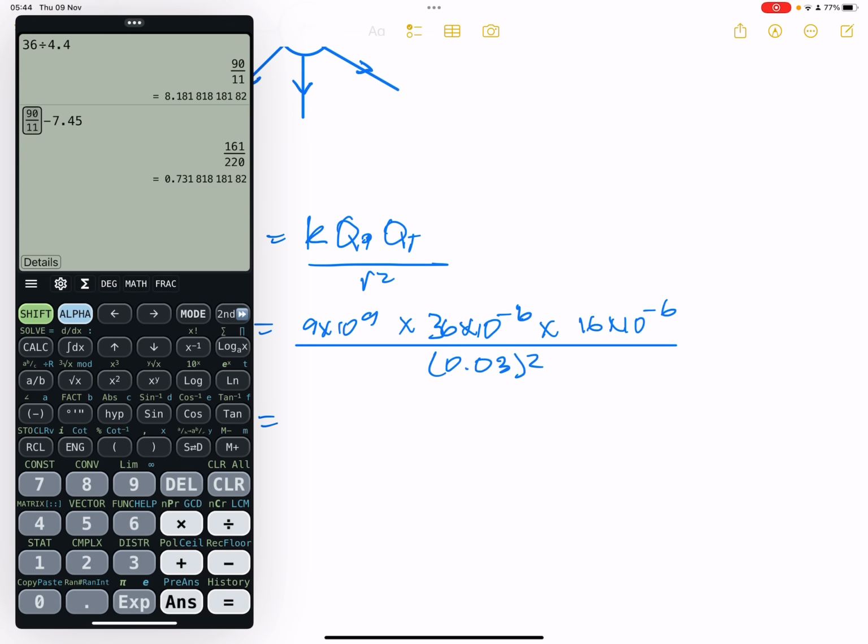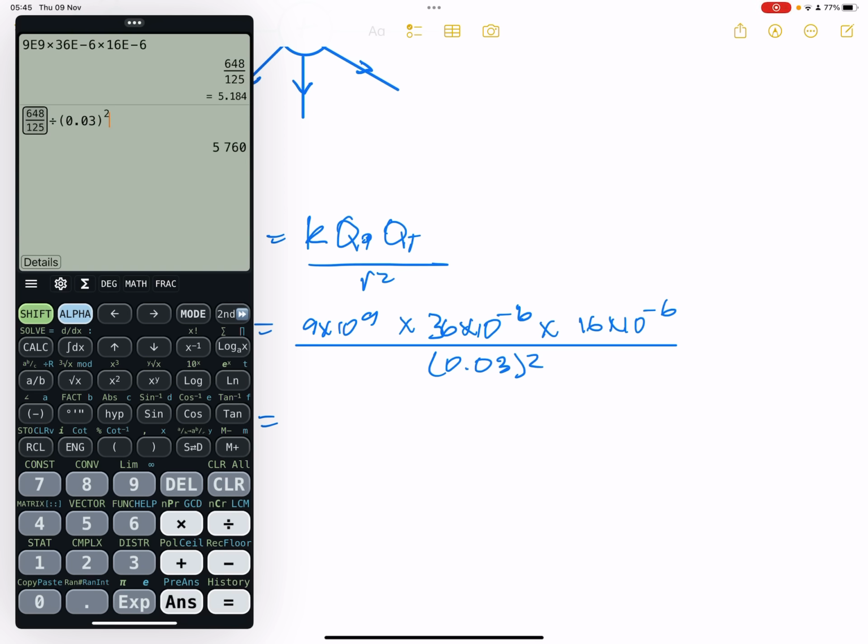So let's calculate quickly. This is going to be 9 times 10 to the 9 multiplied by 36 times 10 to the minus 6 and multiplied by 16 times 10 to the minus 6. We get a value there, and we divide that by 0.03 squared.